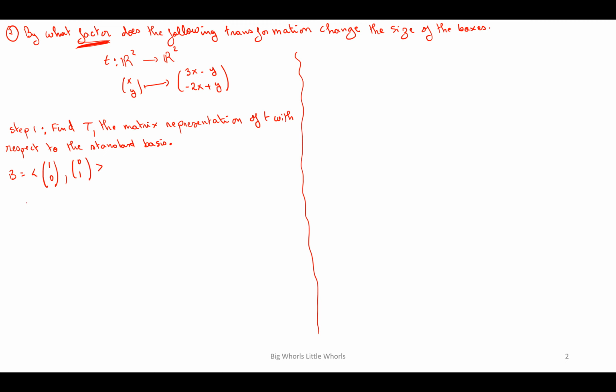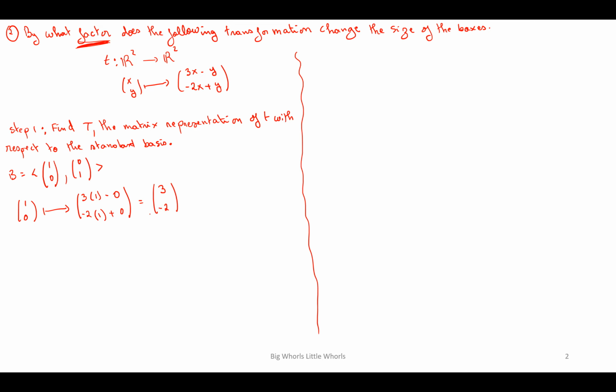Okay, so let's see where this transformation sends these vectors. (1, 0) is being sent to 3 times x, which is 1, minus y, which is 0, and minus 2 times x, which is 1, plus y, which is 0. So this is equal to (3, -2).